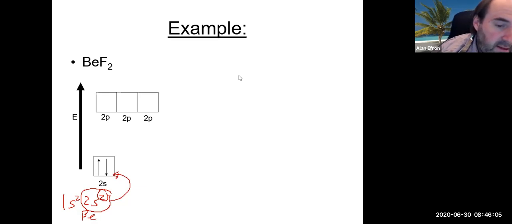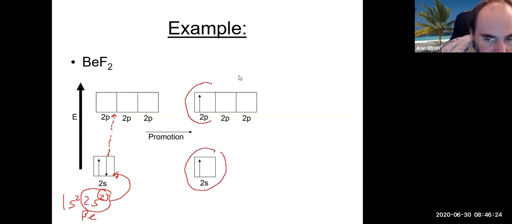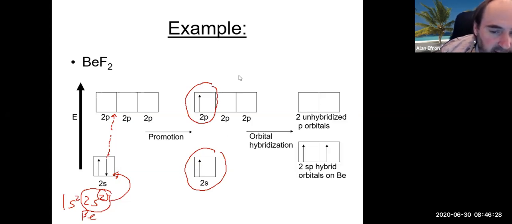In the process of hybridization, one of these electrons gets promoted up to the p orbitals. And it's at that point that our s orbital and one of these p orbitals will come together and hybridize to make our sp hybrid orbitals.